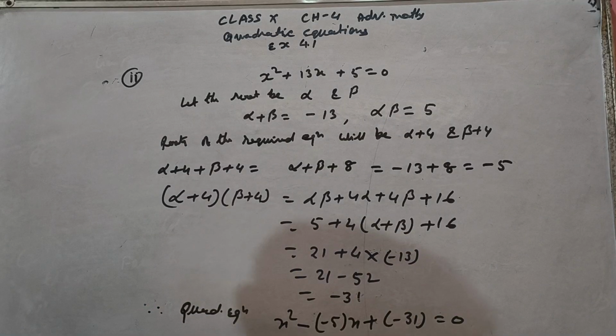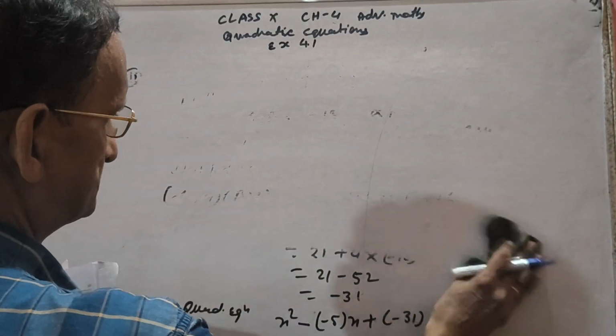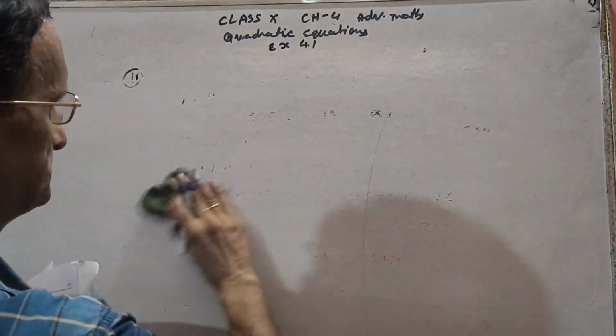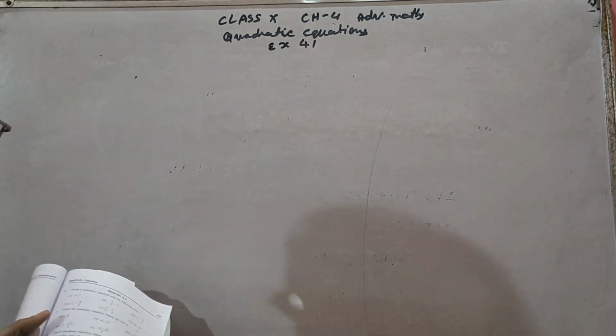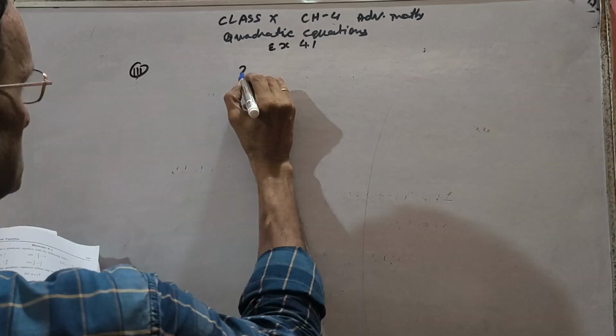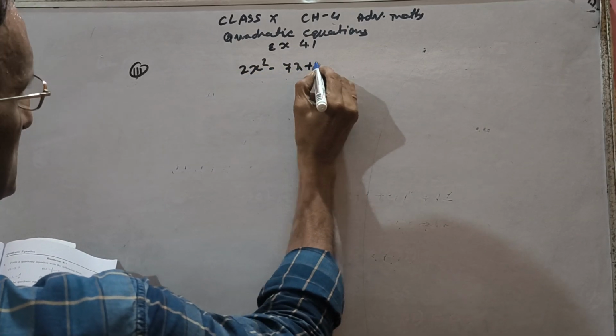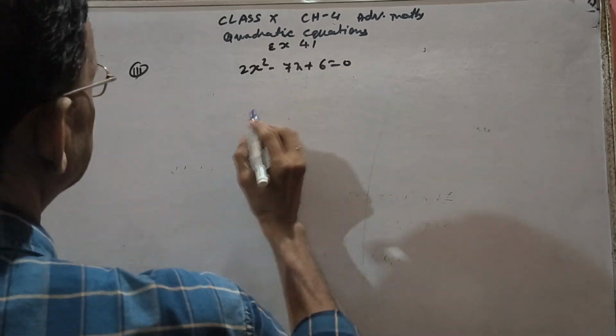Then number 3 is reciprocal. Okay, that also we will do. Question number 3. One equation is given, 2x square minus 7x plus 6 equal to 0.